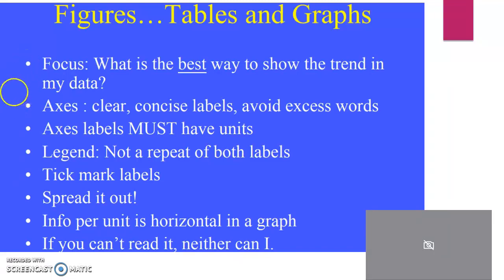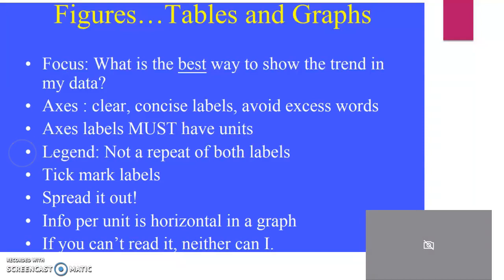Of course, on each axis of your graph or your table, you have clear, concise labels, avoid excess words. Labels must have units. So you can't just have 5, 10, 15, 20. It must be 5 millimeters. You need to put whether it's in millimeters, centimeters, kilometers, whatever you're using, okay?